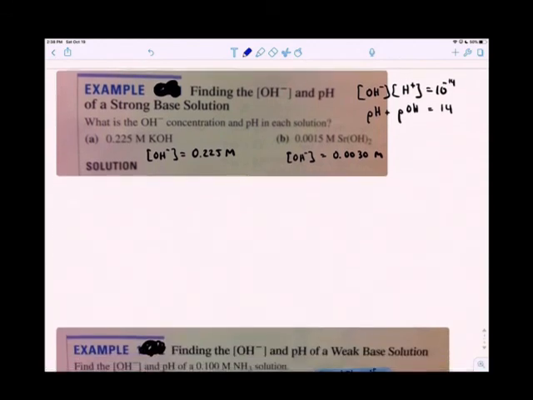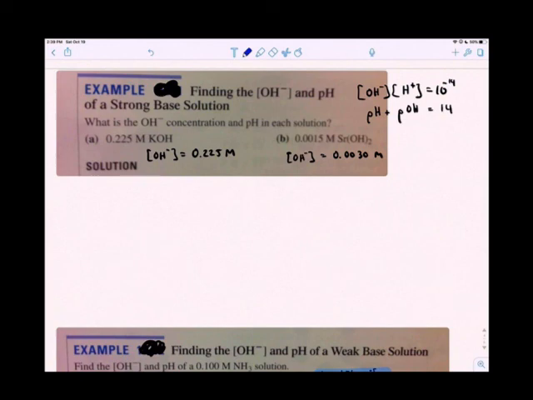We switched from acid to base. What is the hydroxide ion concentration and pH of each of these solutions? Here we have 0.225 molar potassium hydroxide.